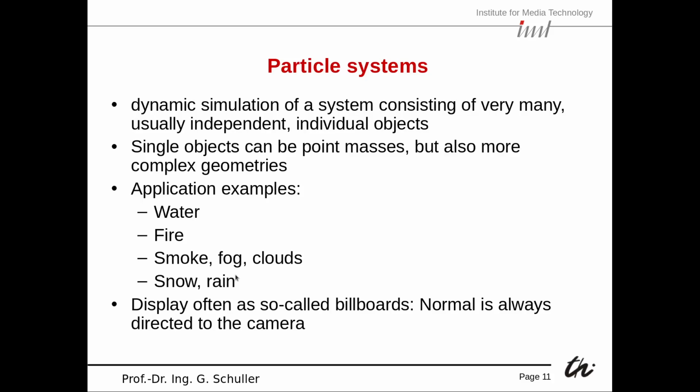So this particular rain, you can easily imagine we have those raindrops, and they behave according to the Newton dynamics, right? So the display of it is often as so-called billboards. Normally it's always directed to the camera.